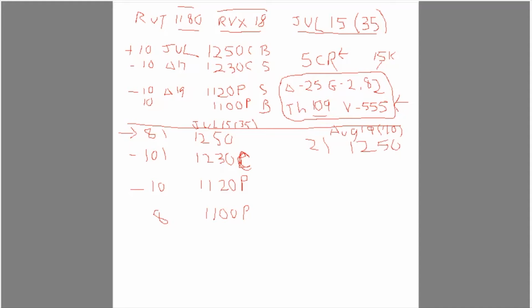On the put side, I'm going to buy 8 of the 1100 puts in July and 2 of the 1100 puts in August. So let me say it again what I'm doing. We're doing the exact same iron condor we did in July.